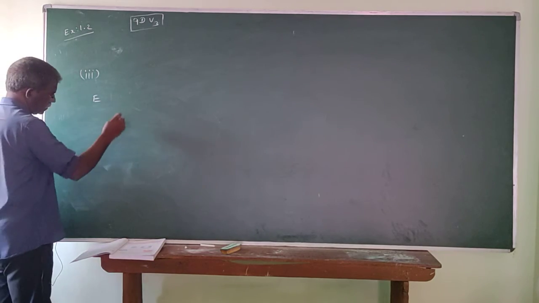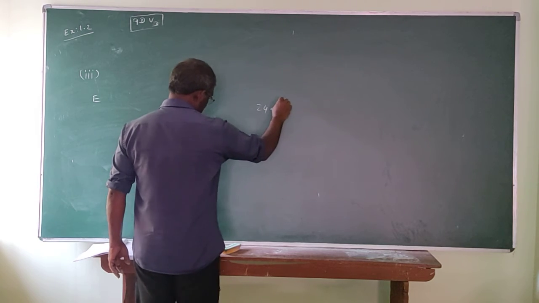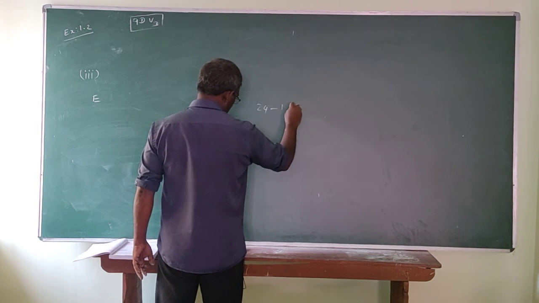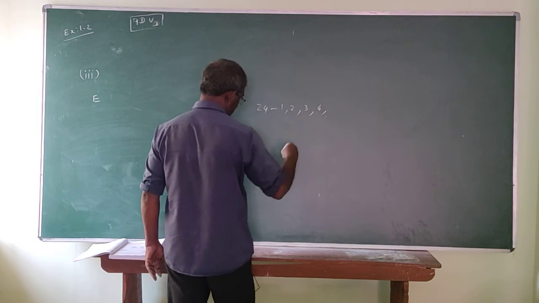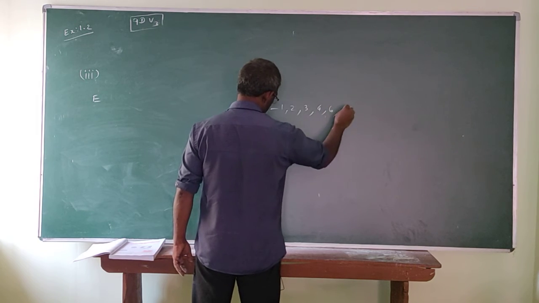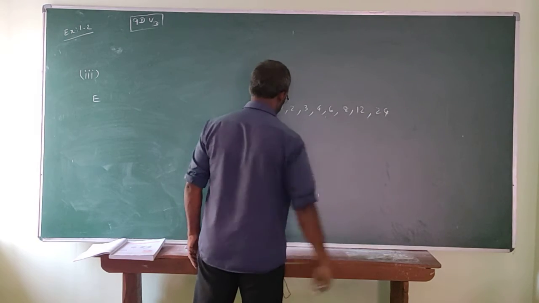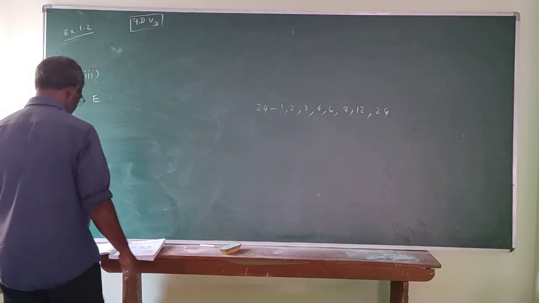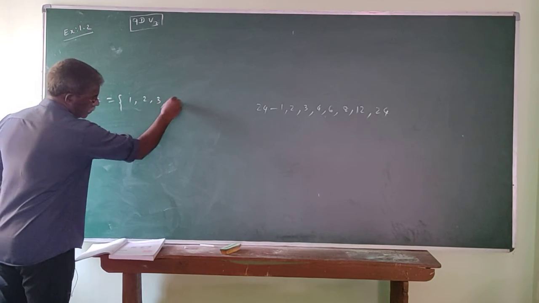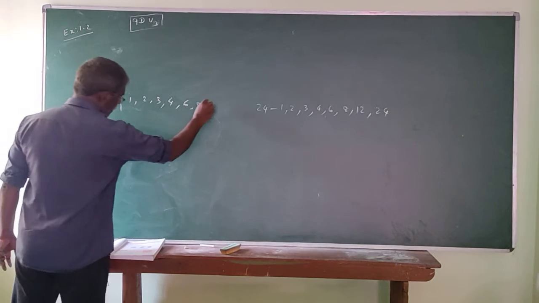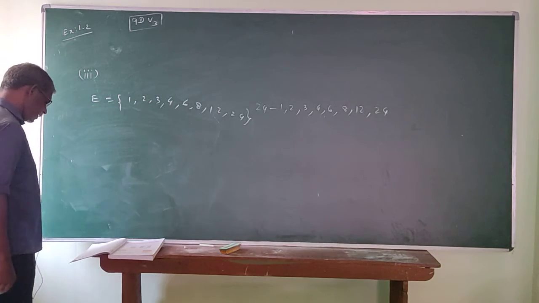So E is equal to the factors of 24: 1, 2, 3, 4, 6, 8, 12, 24. Therefore, E in roster form is 1, 2, 3, 4, 6, 8, 12, 24.